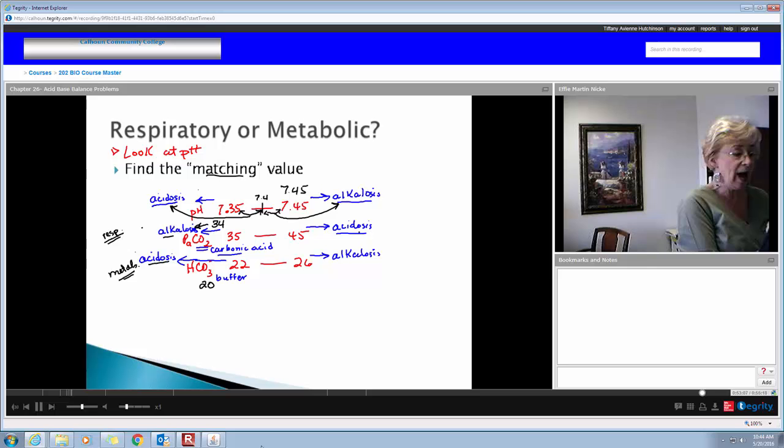Well, is that not a match? Because your pH is almost out of range, is right on the edge of being out of range into 7.45, so it is in alkalosis, or you can consider this the problem. So because your match here is between your respiratory value and your pH, then this is considered respiratory alkalosis.